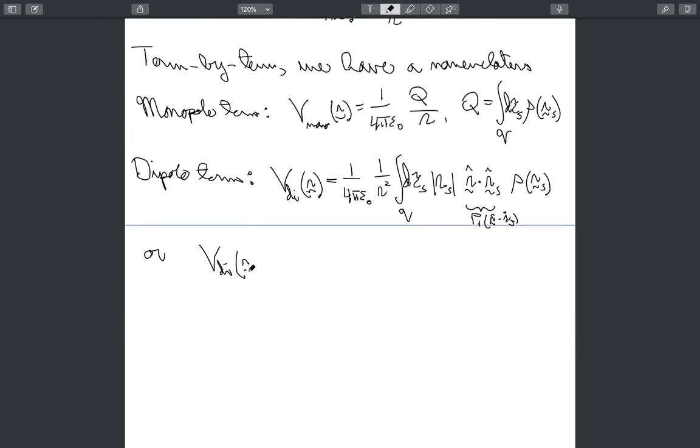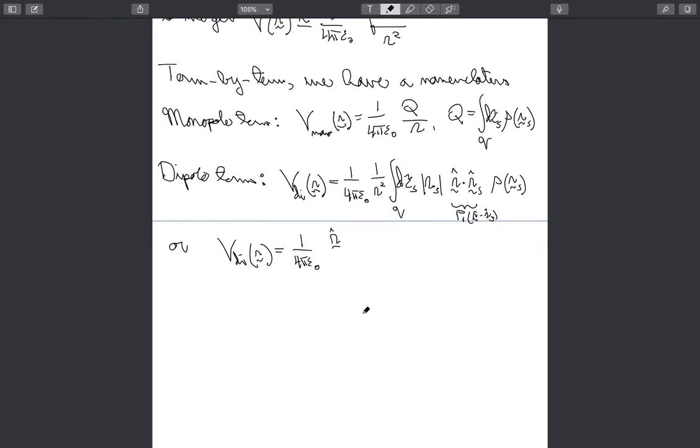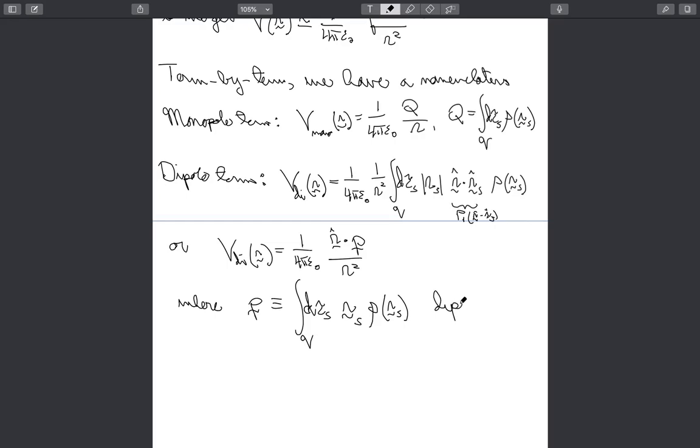The dipole term here is going to be 1 over 4 pi epsilon 0 with now r hat dotted into a vector p that we'll define in a second, all that divided by r squared, where p is by definition the integral over your volume distribution of source charges, d tau source, of r source times rho of r source. And this is called the dipole moment.